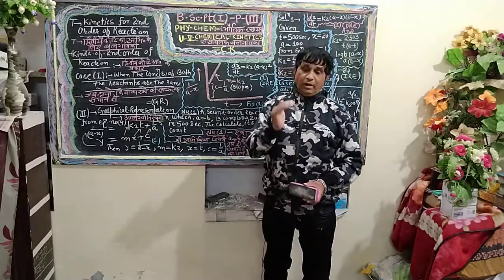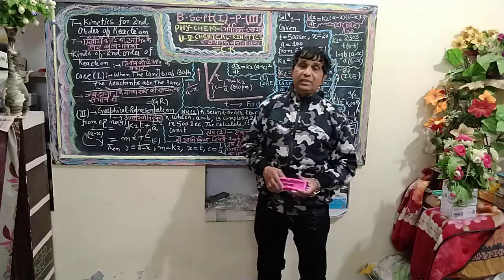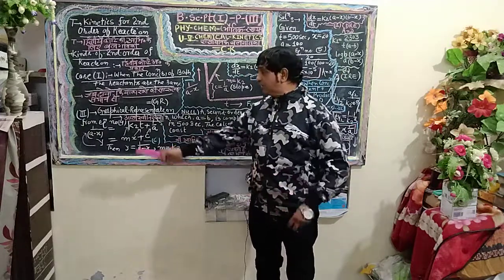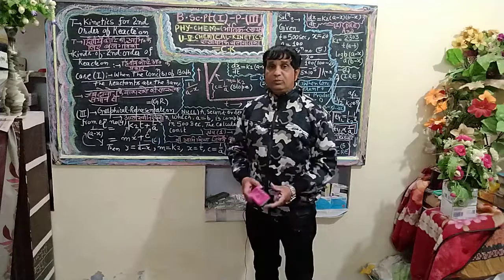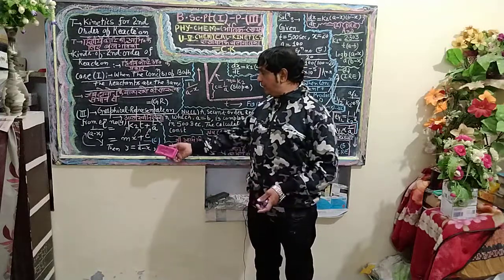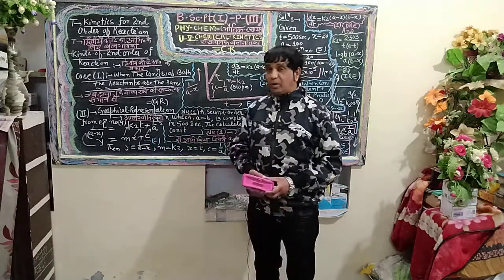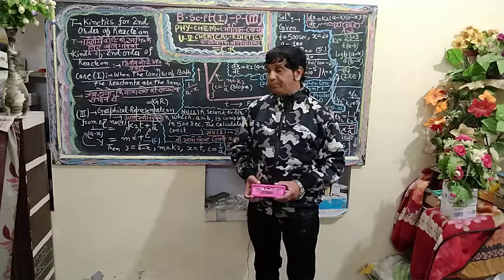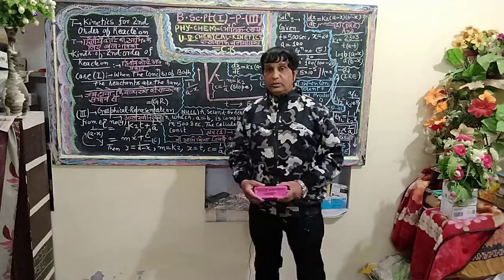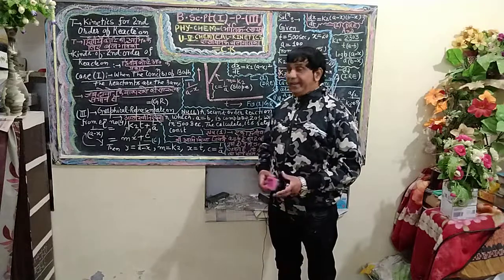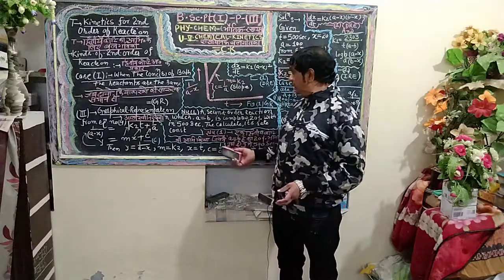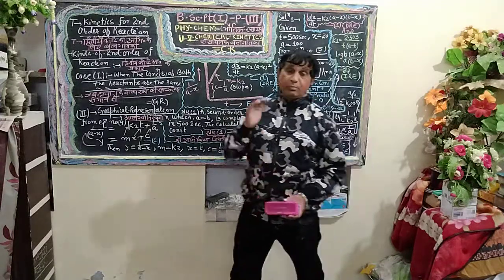This is the equation number. Now we compare it with the standard straight line equation y is equal to mx plus c, in which y is equal to 1 upon a minus x, m is the slope, that is k2. This slope m is equal to k2. Next, x is t, and intercept c is equal to 1 upon a.